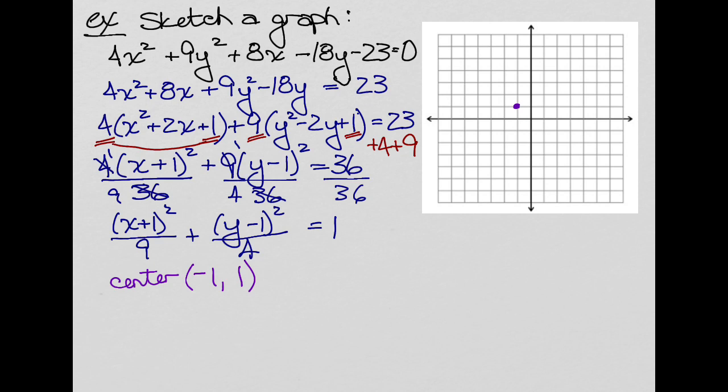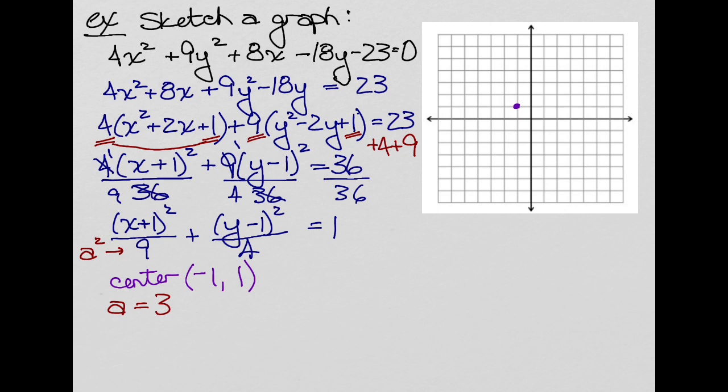A, for an ellipse, is the bigger value. So 9 is a squared, which means a is 3. I can also tell from that, since my bigger value is with the x term, my major axis is going to be parallel to the x-axis, going to be horizontal.